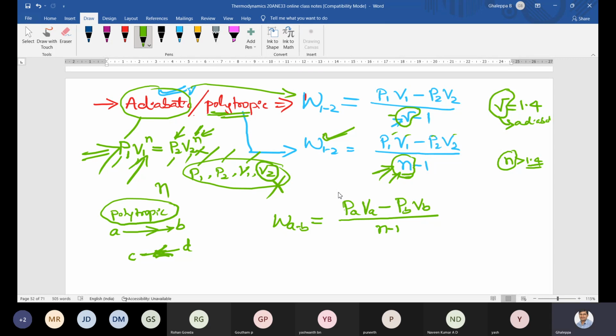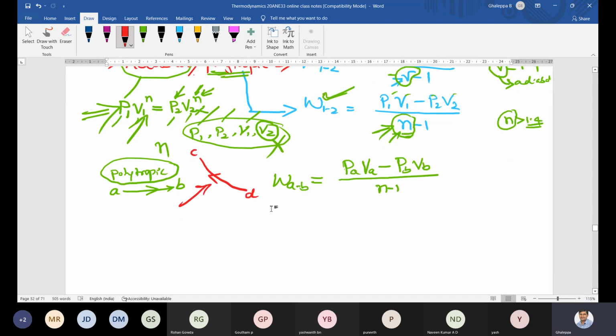For this process, let me change it a little bit so that you will understand better. The process is like this. This is D, this is C. Assume this is a polytropic process. Now you tell me, you have to identify which one is the initial point.